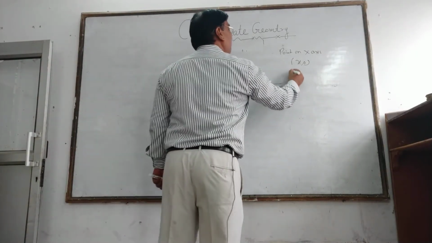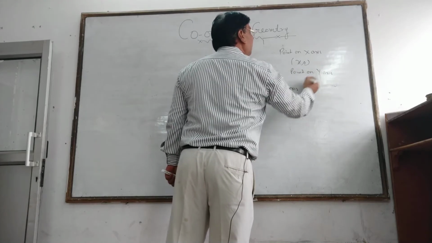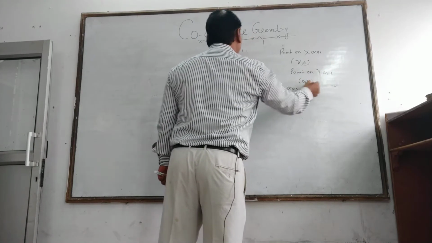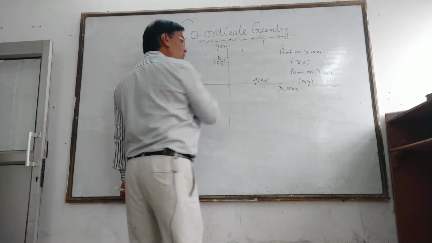And for a point on the y-axis, the coordinate is (0, y). So you can locate B here, that is (0, y).